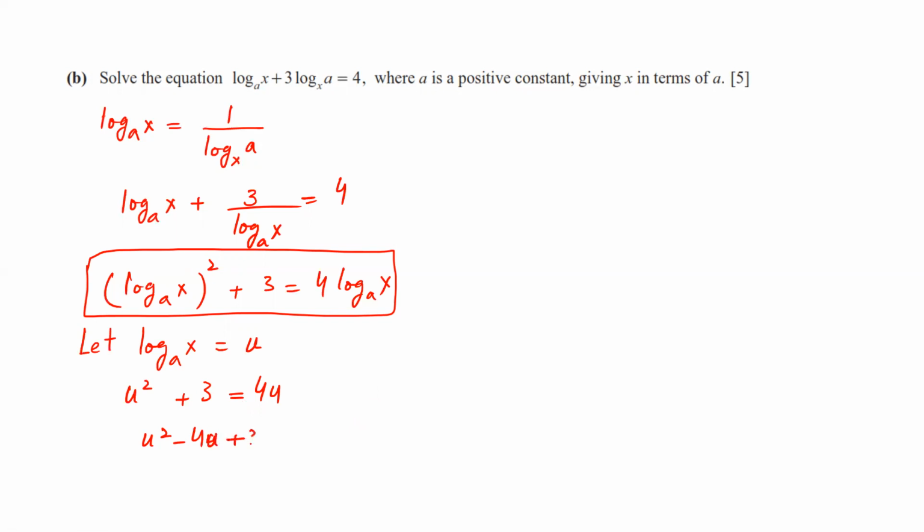So u square minus 4u plus 3 equals 0. So again, this is a quadratic equation. You can use the quadratic formula, but again, we can always find two factors that when we multiply them, we'll get 3, and when we add them, we'll get 4.